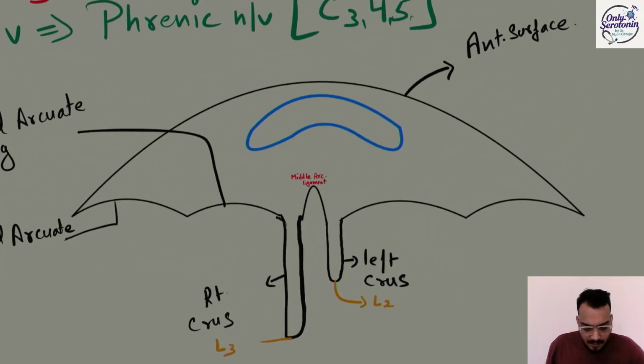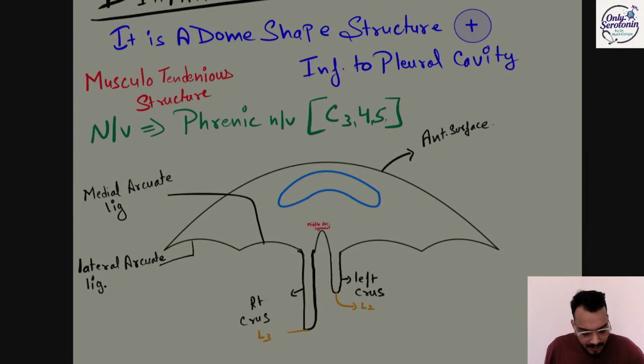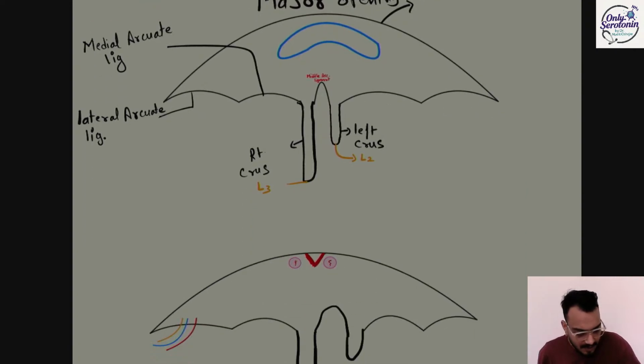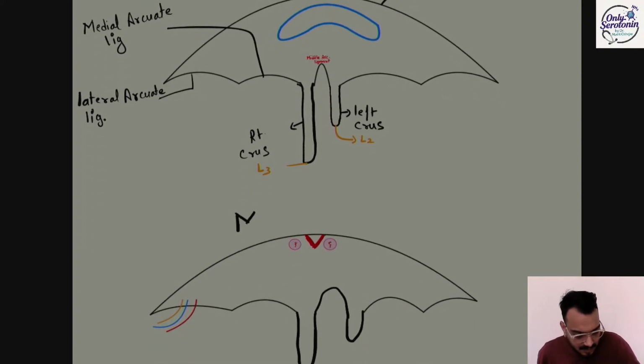In diaphragm, we are going to have two things. Out of them, the first thing is the major openings, and the second thing which we are going to discuss is what, guys? It is your minor openings.